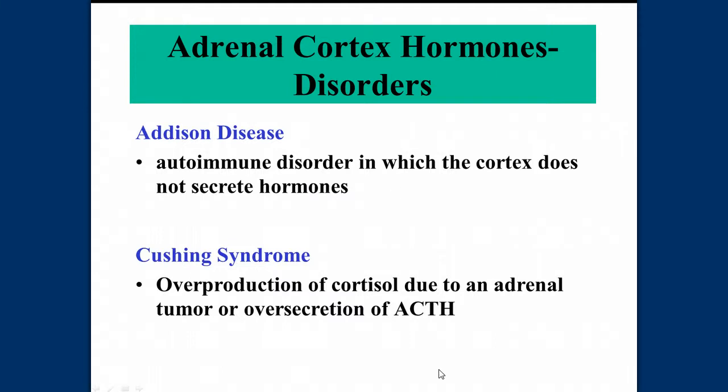Cushing syndrome is the overproduction of cortisol due to an adrenal tumor or oversecretion of adrenocorticotropic hormone, or ACTH.